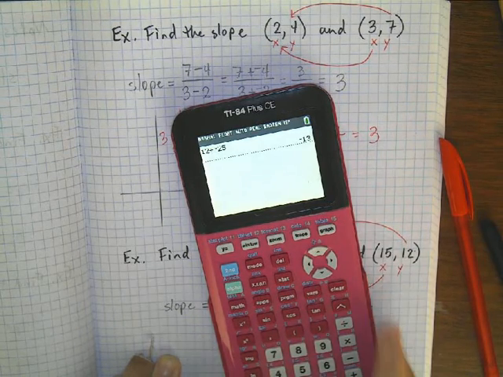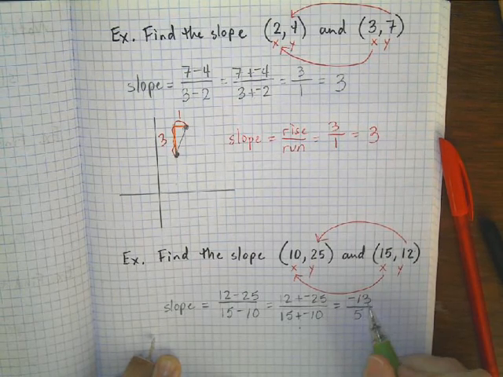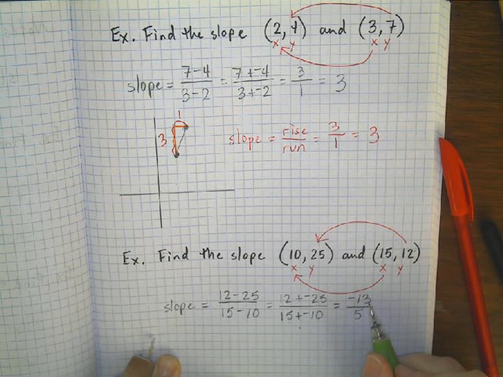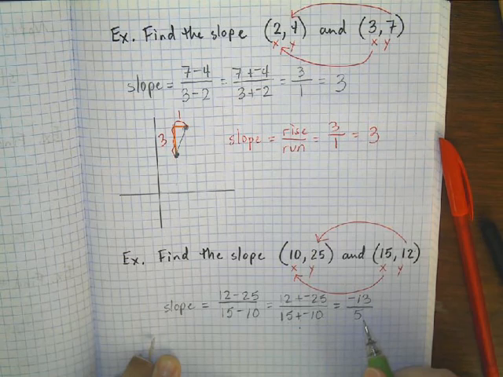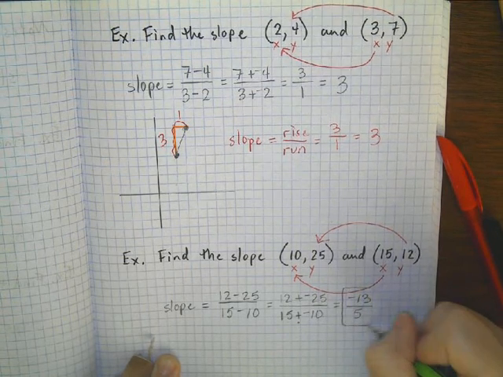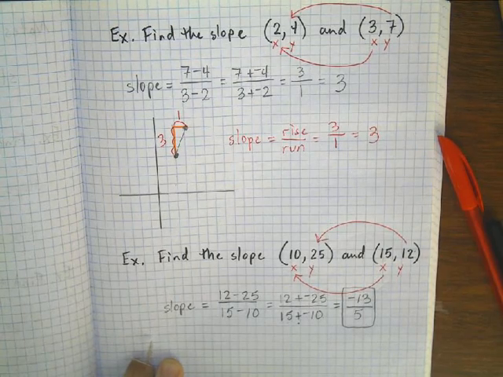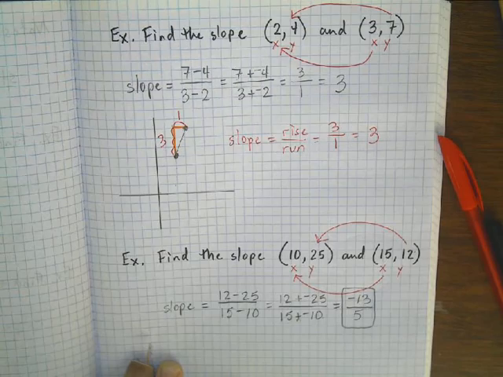Yeah, negative 13. I got it right. And let's see. Can I reduce this? 13. 1 times 13 is 13. 1 times 5. So nope, that's it. Nothing I can do to simplify it. So there is my answer. So it works with big numbers really well, finding the slope. Because if I were to graph that, that would be hard to do.